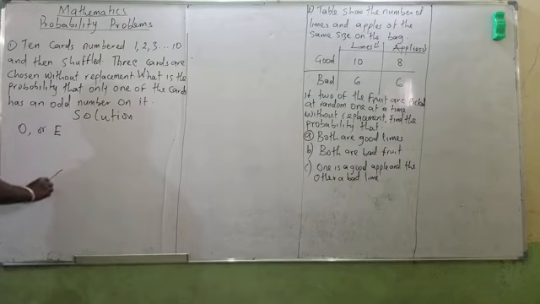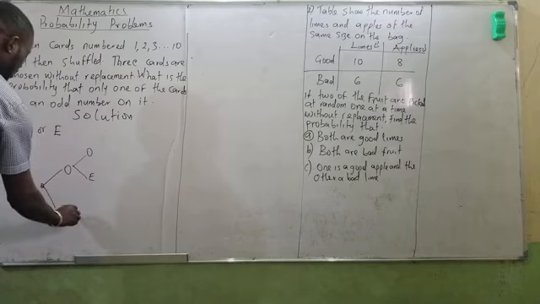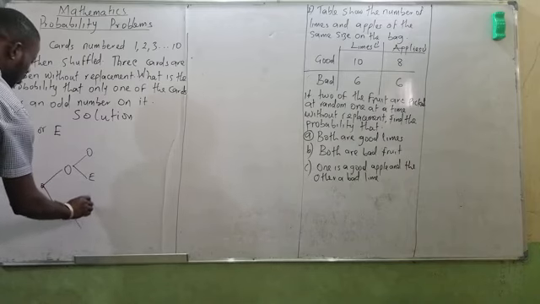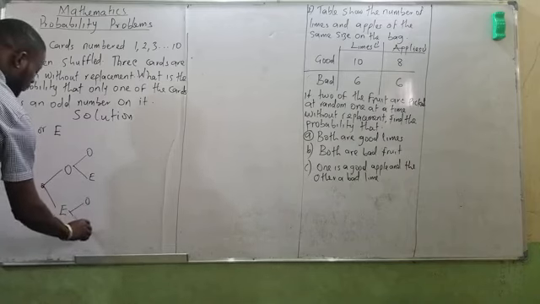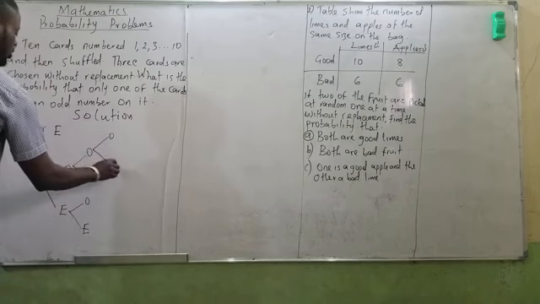I can call this odd and this even. Now, it's chosen 3 times, which means this is going to be performed 3 times: odd, even, odd, even, and the last part, odd, even.